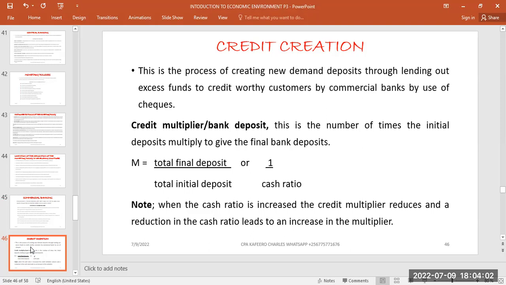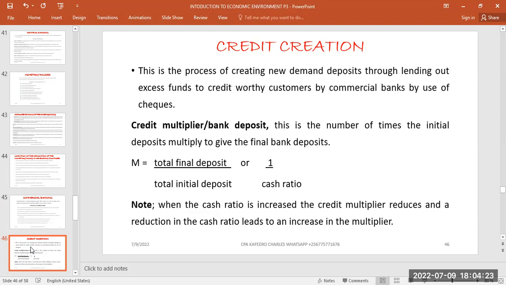Demand deposits are the different customers putting money into the account, either by fixed account, savings account, and others. This is the process of creating new demand deposits through lending out excess funds to credit-worthy customers by commercial banks by the use of checks.